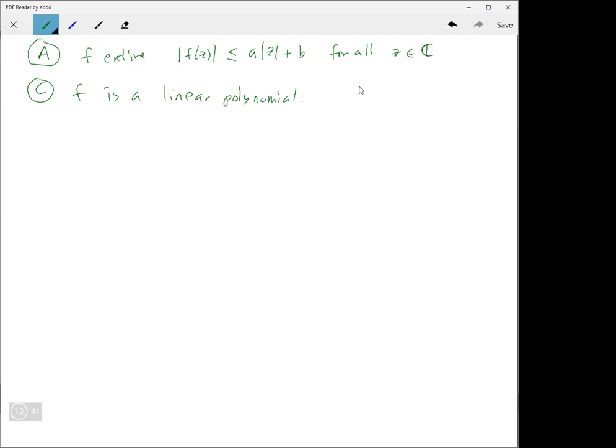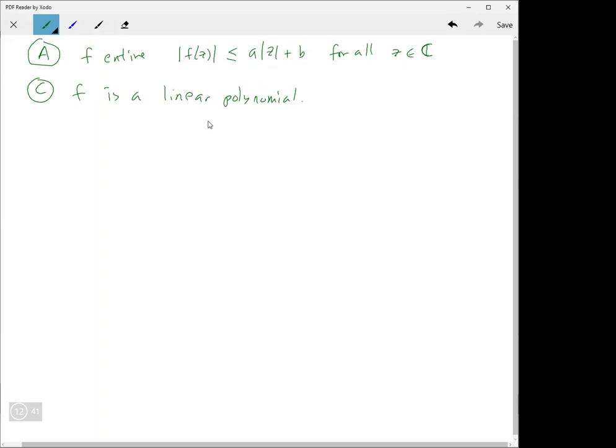So f is entire, and the modulus of f of z is less than or equal to a times the modulus of z plus b. I guess a and b have to be real numbers in order for this to work. They could be negative, but probably not going to be negative.